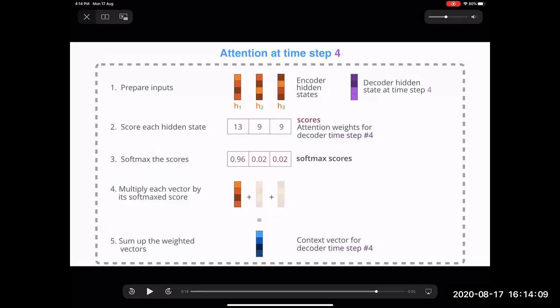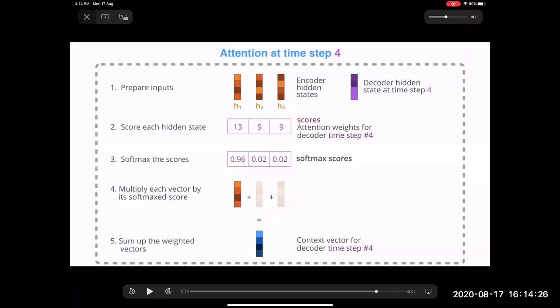Step number 4 is the step where all 3 hidden previous states are being shown, that prepare your inputs. So you have hidden state 1, 2, 3, and your decoder is also having its own hidden state. That is step number 4.